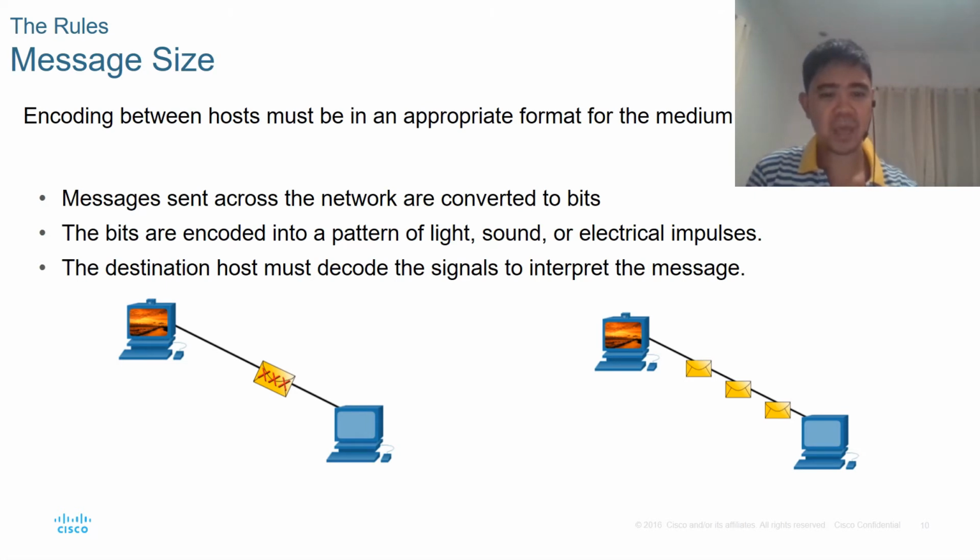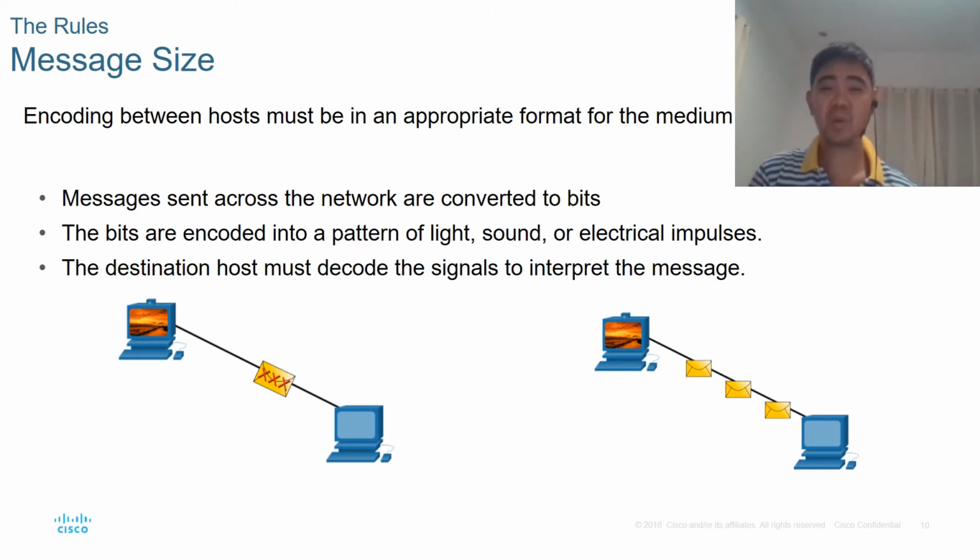And then message size. Going back to the post office analogy, when you go to a post office, there is only an acceptable weight for your envelope. If it's too heavy, there's an instance that they will not accept it, right?